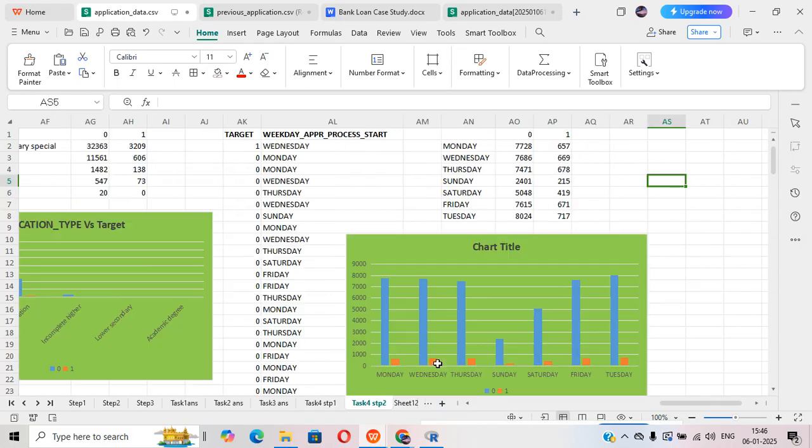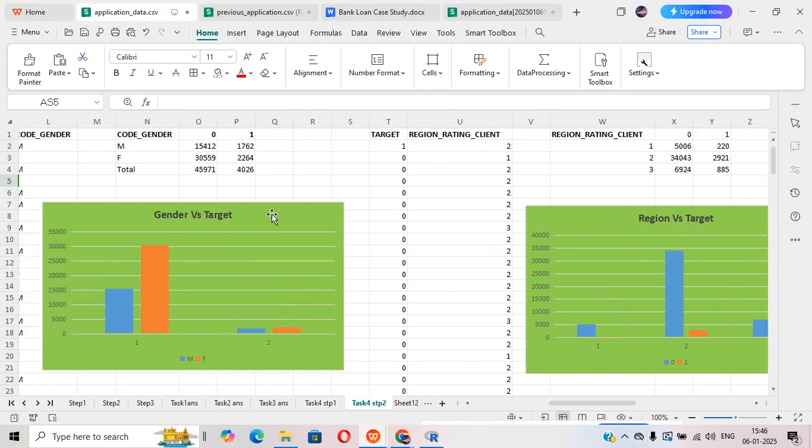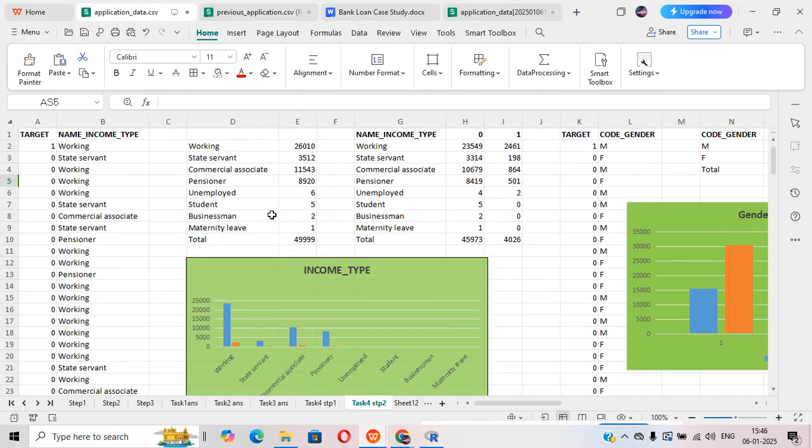And the next step is task 4 step 2, which is for bivariate analysis. I have taken target and name income type. The same way I have taken the unique data in that and calculated for 0 and 1, which is target, and counted for working people.